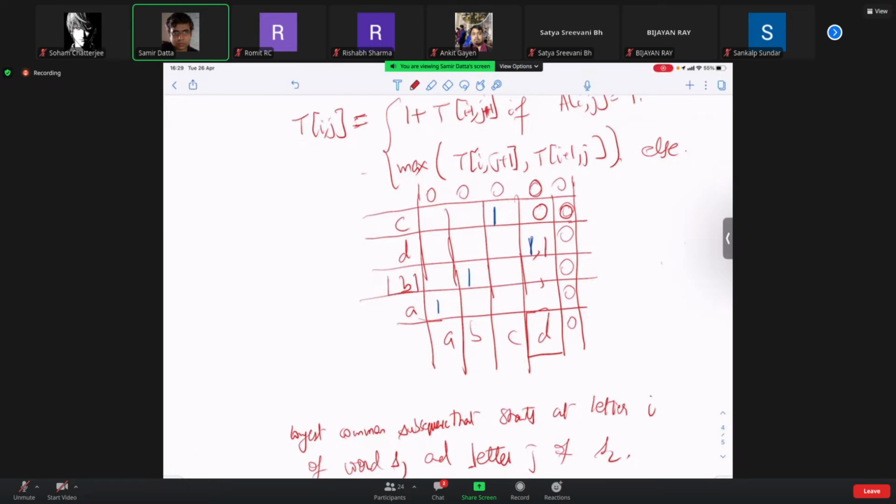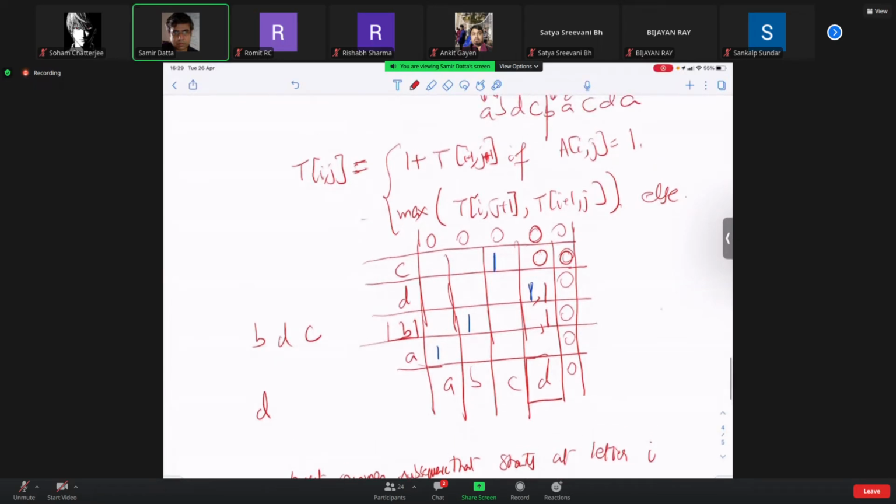Tell me, just by inspection, what is the longest common subsequence between D and BDC? 1. Why is it 1? That is why we took the maximum of these two, correct? You have 0 coming from here and 1 coming from here, correct?